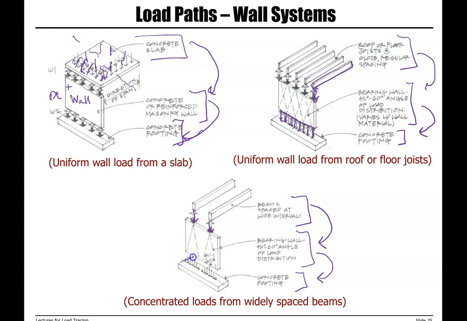So if you look at the load transferred to the footing, you see that instead of a uniformly distributed linear load, we have a triangular load with a higher concentration or a higher magnitude under the beams.